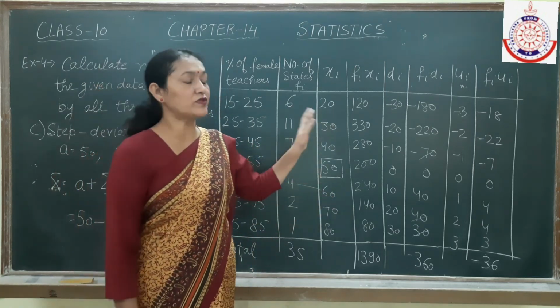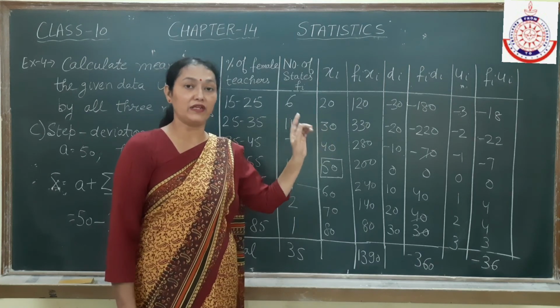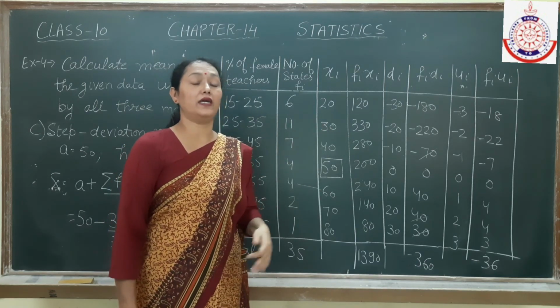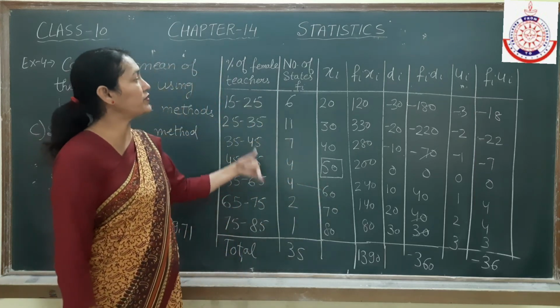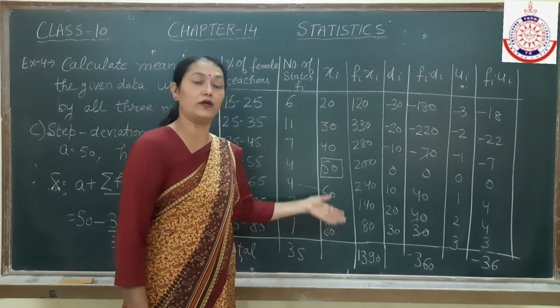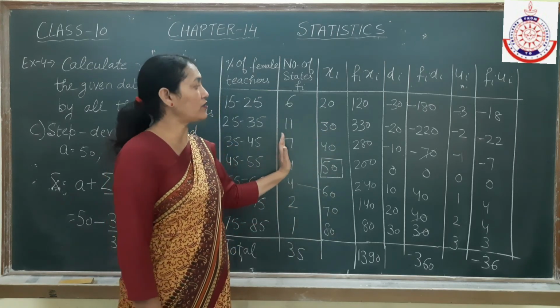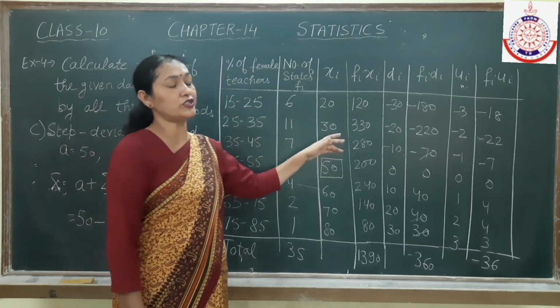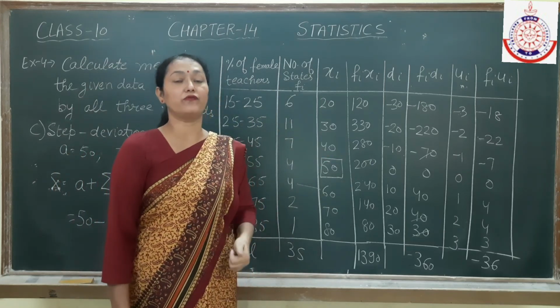And we have to use the same method which is mentioned, only then we get marks. But otherwise, if they don't mention the method, then we will look at the values of the class interval, frequency and class mark. What kind of values have we obtained? If the values are very simple, the calculation will be simple, we'll be using the direct method. And according to the complication of the values, we'll be choosing the method.